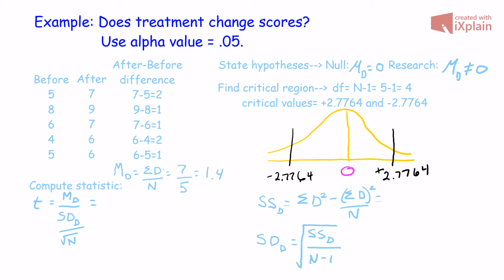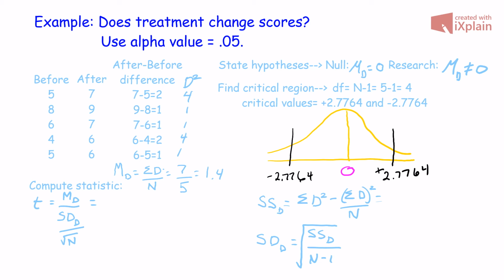Sum of d squared is found the same way we found the sum of x squared. You need to square each of the differences first. That's what I've done here. So d squared for Bob, the first person, is 2 squared, or 4. The next people are 1, 1, 4, and 1. If you add those up, you're going to get the sum of d squared, which is going to be 11.